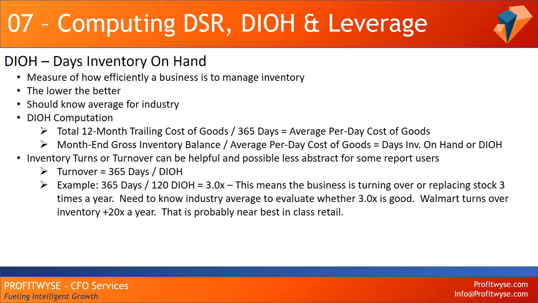So you're turning over your inventory 3 times a year. So is 3 times a year inventory turnover good or not? I mean, for most privately held businesses like my clientele, that is a pretty decent turn. But if you're Walmart, Walmart probably turns their inventory over 20 times a year. So you can imagine they are what I would term best in class.